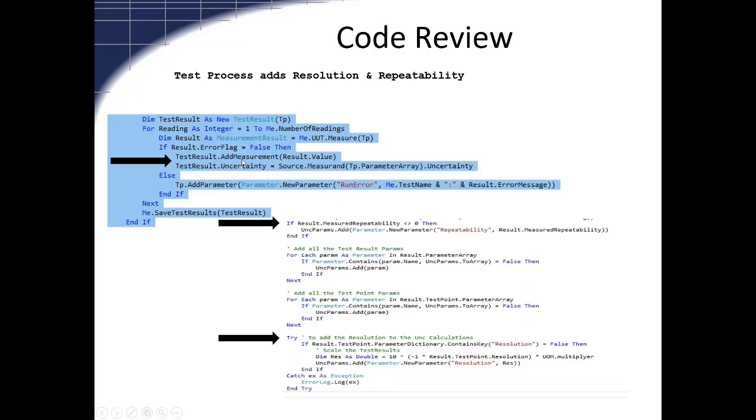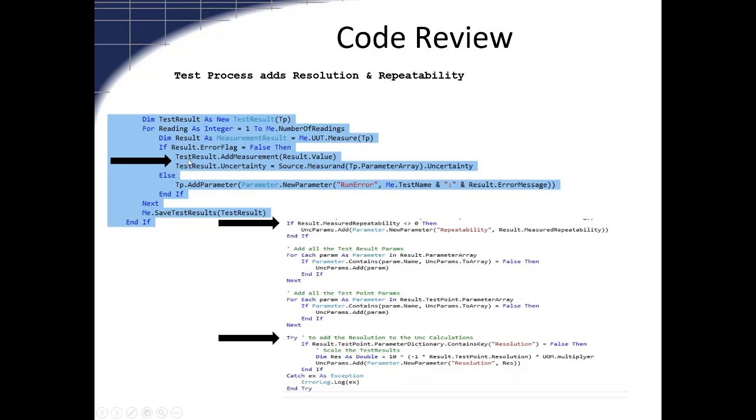As we pull this value back, you can see we're in this loop. We've got the reading that we're on, and we're going to go from one to the number of readings. So we're going to take measurement after measurement after measurement, and each time we're going to save our results. Each time we come through the loop, we're going to add our measurement to our test process.